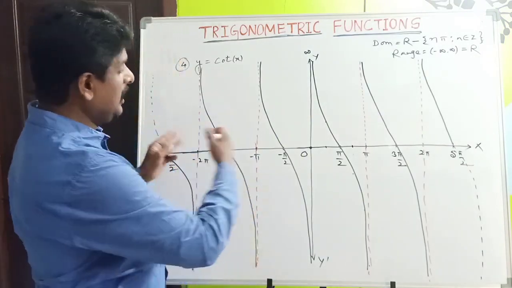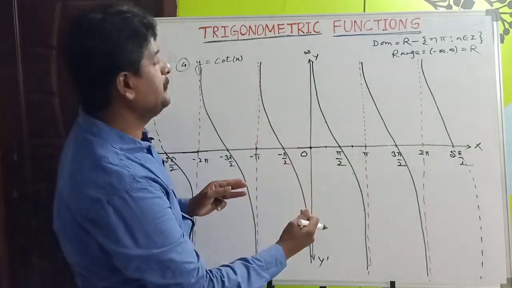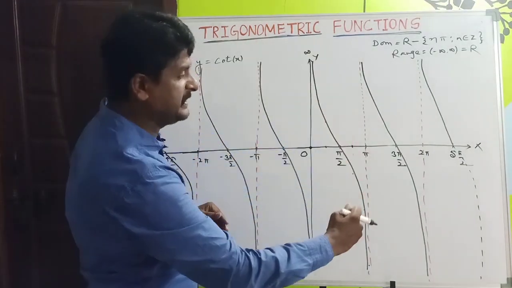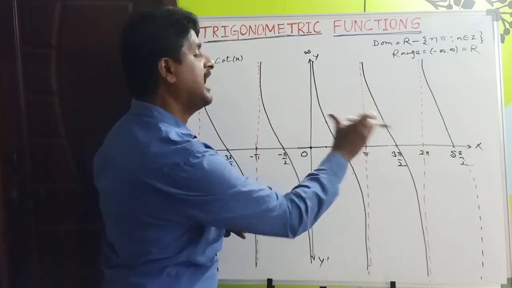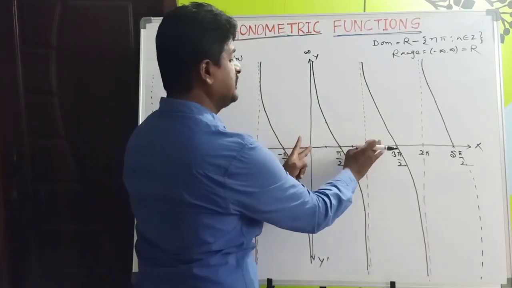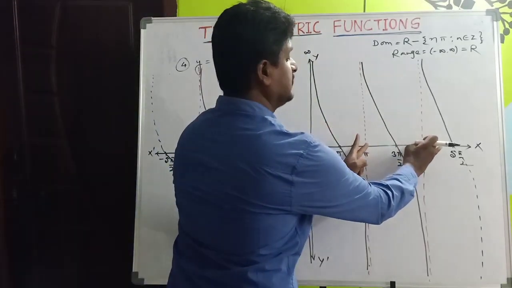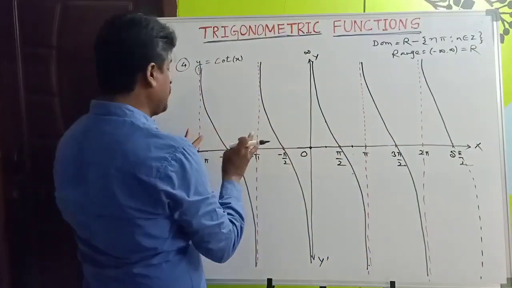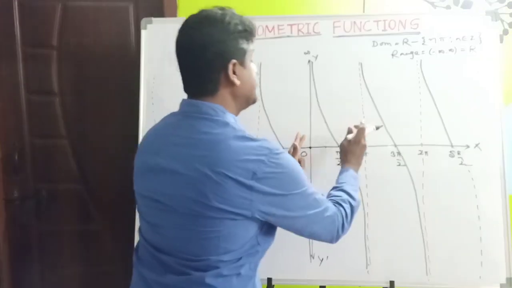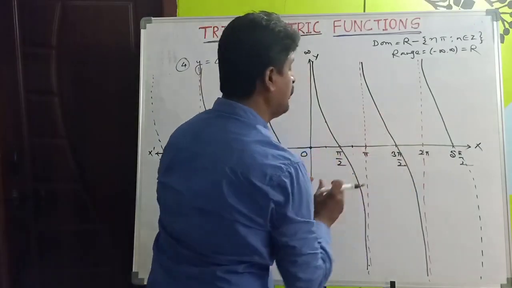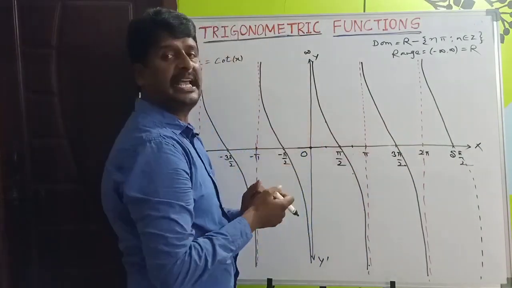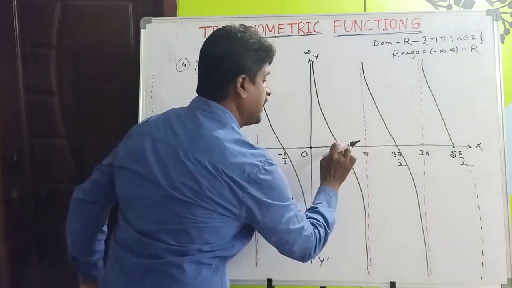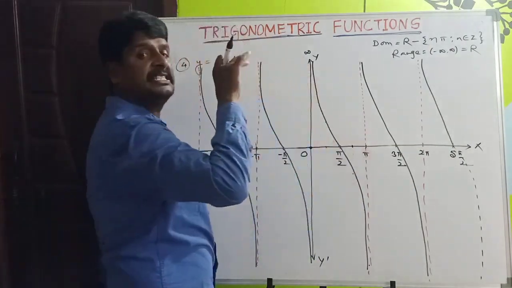Observe that while looking at the graph, the same type of graph can be seen from slot to slot. In this slot, whichever the graph, here also we are getting the same graph. Here also we will get the same graph. That's why the same graph is repeating for the interval whose length is from here to here pi by 2, here to here pi by 2, total length is pi.